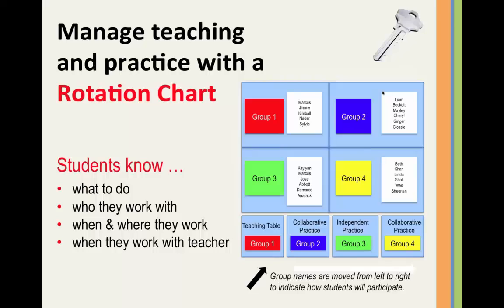The bottom of the chart, you can see teaching table, and that is small group teacher-led, explicit, differentiated instruction with feedback. Every grade level calls it teaching table, so that we have a label that everyone can communicate clearly, and it's explained to the students just by announcing this activity will be used at the teaching table.